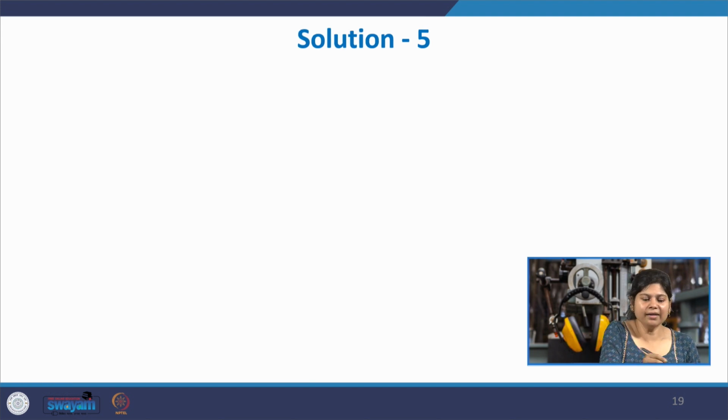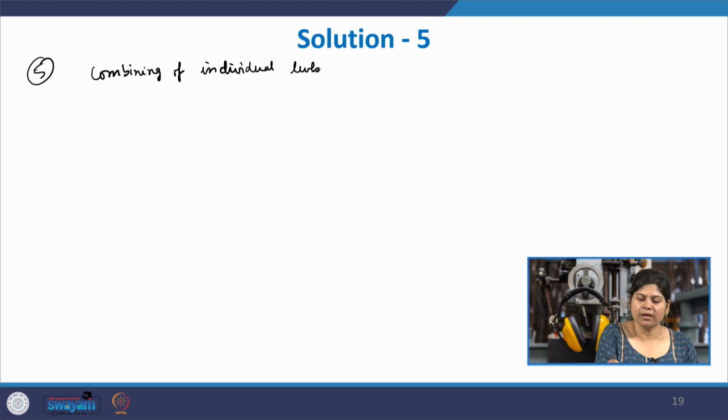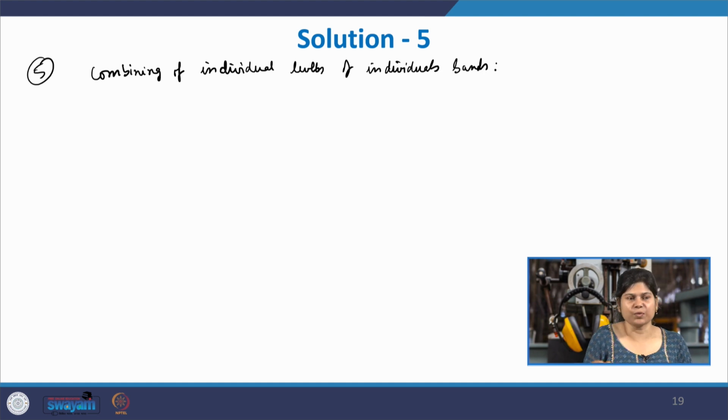Again here in this problem, we are combining the levels of the individual bands. That formula we have to use, which was given before.